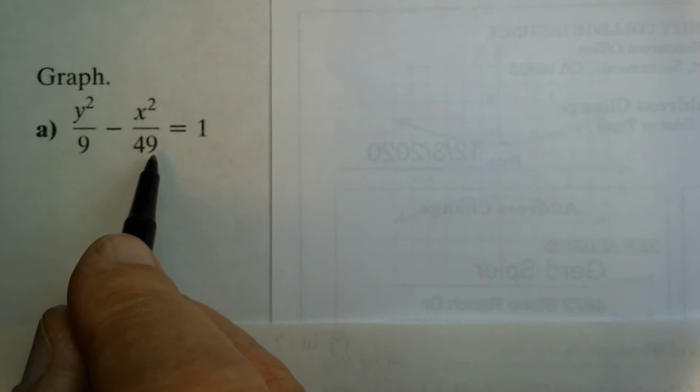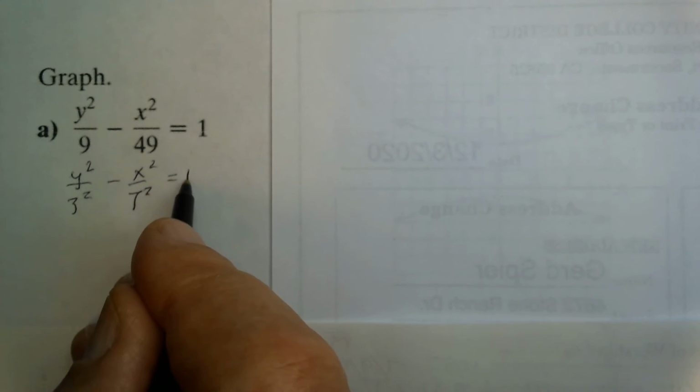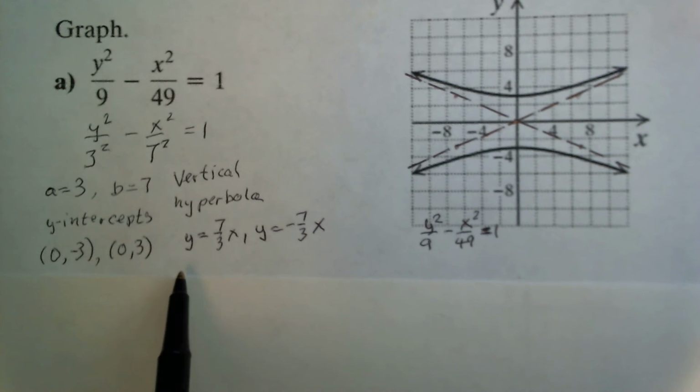For the next exercise, we have to graph y squared divided by 9 minus x squared divided by 49 equals 1. So we can rewrite this as y squared divided by 3 squared minus x squared divided by 7 squared equals 1. So here we have the y-intercepts at (0, minus 3) and (0, 3).